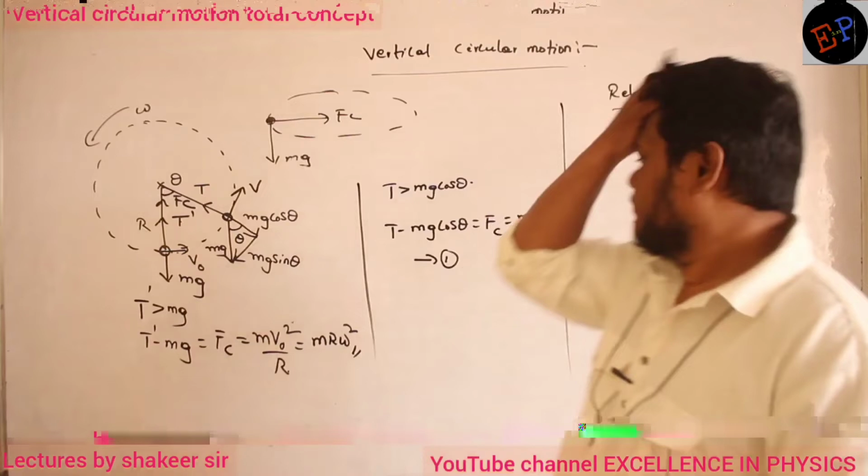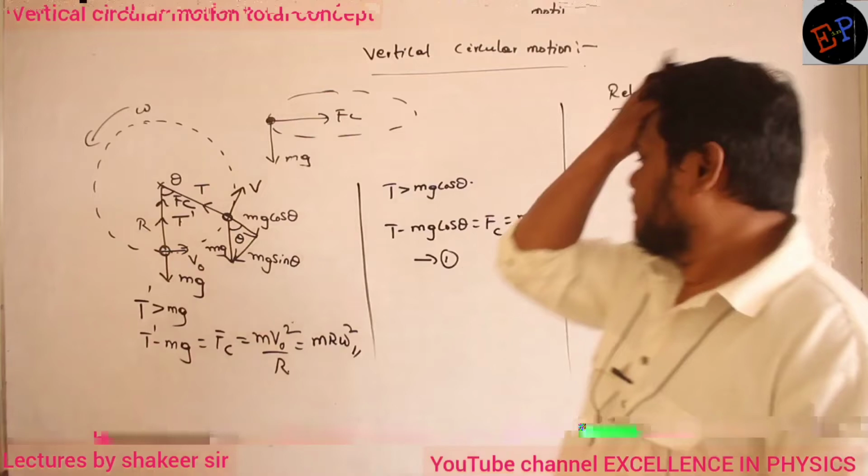Instead of v square I can write u square minus 2gL into (1 minus cos theta). Clear now? Now you are supposed to simplify this. Simplify that equation, and I am writing the final equation: T is equal to mu square by L minus 2mg plus 3mg cos theta. Clear now? This is the final equation you should get if you solve it.